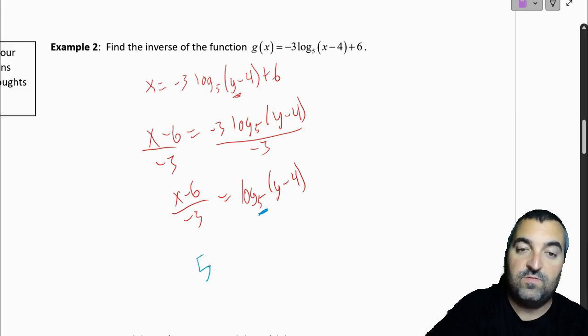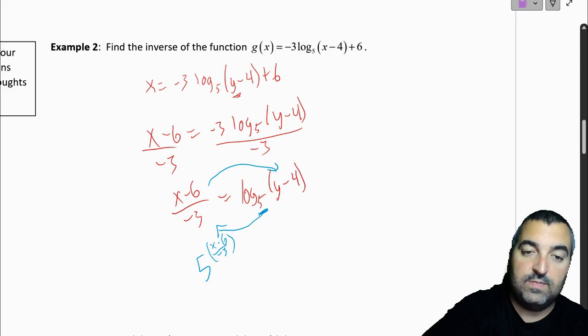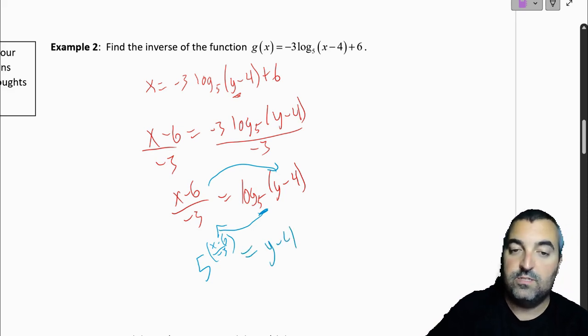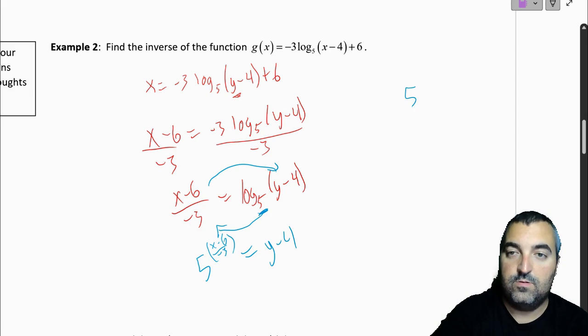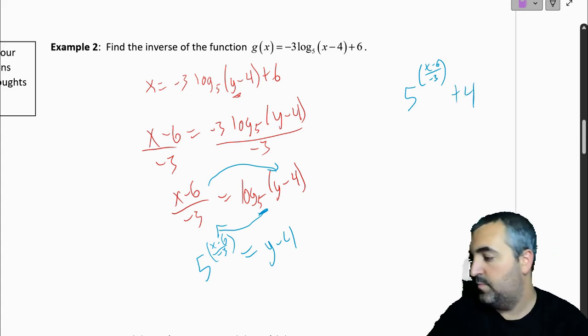So it's going to be base 5, and the other side is going to become our power. What was inside the log is going to be on the other side of the equation. Then, just like before, I have a -4, so my last step is to add that over to the other side. So I would have x minus 6 over -3, plus 4.